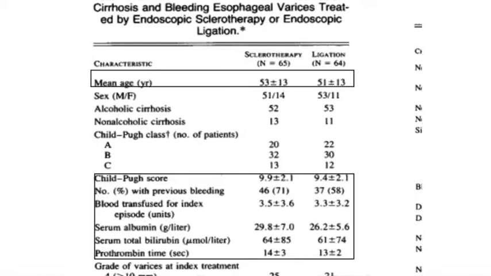And they report the number of patients in each of the therapies. Because this is a randomized trial, they have a relatively balanced design, and they have 65 in the sclerotherapy and 64 in the ligation. And they report the mean plus or minus standard deviation for the age, and mean plus or minus standard deviation for different kinds of scores.